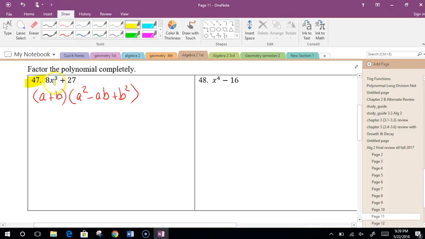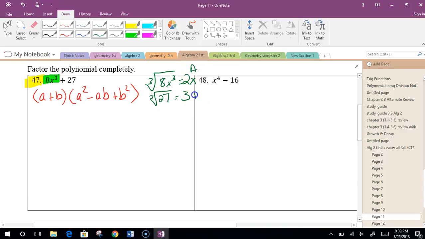Your job is to simply remember what is a and what is b. Well, in this case, my a is the cube root of 8x to the third. Well, the cube root of 8 is 2, the cube root of x to the third is x. And the cube root of 27 is 3.